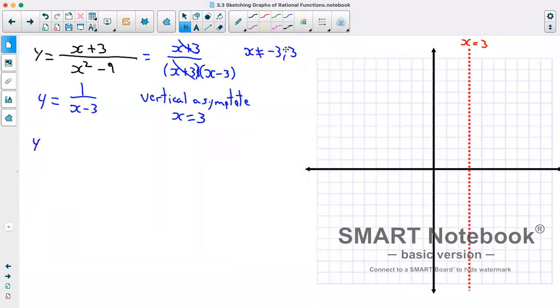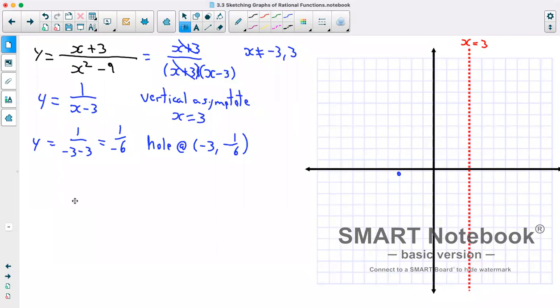So we'll plug in our other non-permissible value, which was -3. So we have a hole at -3 comma -1/6. So at -3, -1/6, we have our hole.